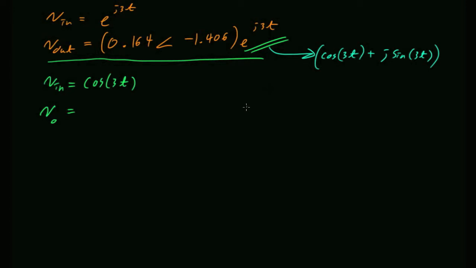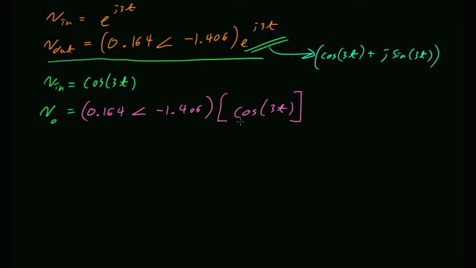So really, what my output voltage is, is 0.164 angle minus 1.406. Actually, let me rewrite it like this. Cosine of 3t, right? Because I can just dump the complex part, because I didn't really have the complex part to start with. It wasn't really there. I just added it so I could make the math a little easier. Okay, so what I'm telling you here is my output is a cosine with this frequency.